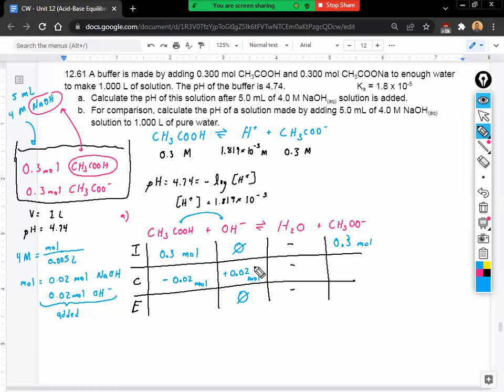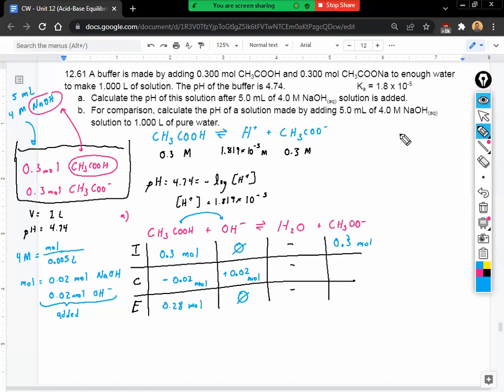So again, this is a little different from the ice table that we had before, because we added a strong base. And so even though we added it, it gets consumed in the reaction, so we end up with 0. And that's why we lose our acetic acid. And so here, we're going to end up with 0.28 moles of acetic acid.